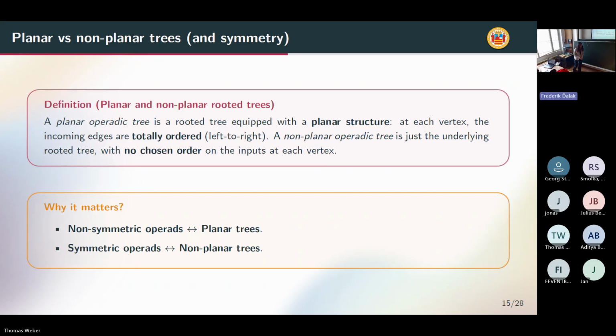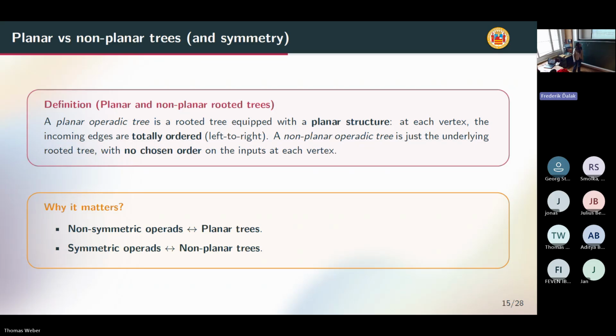I think it is really easy. And this is also the natural way to define a right action of the symmetric group onto a non-planar tree, because planar ones correspond to non-symmetric operads. So there we do not need to define a right action, but if we have a non-planar tree, we can define a right action of the symmetric group just by swapping, by commuting the labels onto the leaves of the tree.